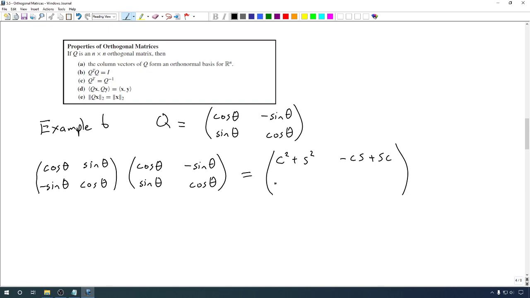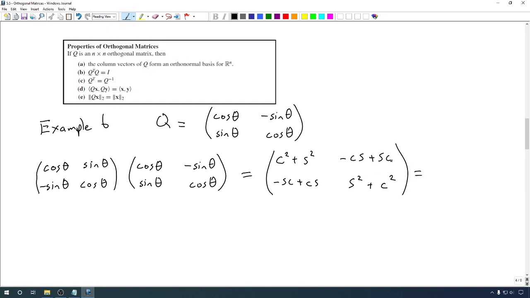In this slot here, we take the second row, but the first column, so negative sine times cosine, plus cosine times sine. And then finally, we have the second row and the second column. So negative sine times negative sine, so positive sine squared, plus cosine times cosine is cosine squared.